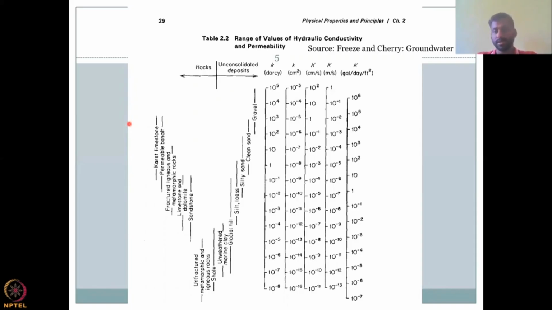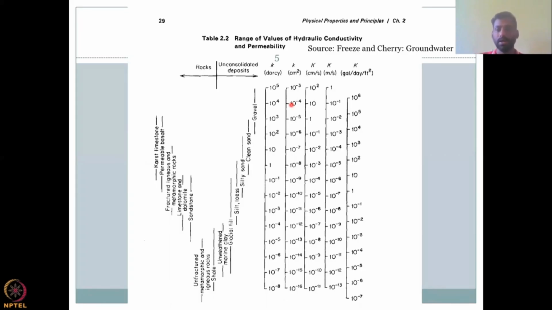We will look at Darcy's experiment in the coming lecture. So a Darcy is equal to centimeter square times 10 to the power 2. You can see just an order of magnitude difference here. The small k is permeability and the big K is hydraulic conductivity.